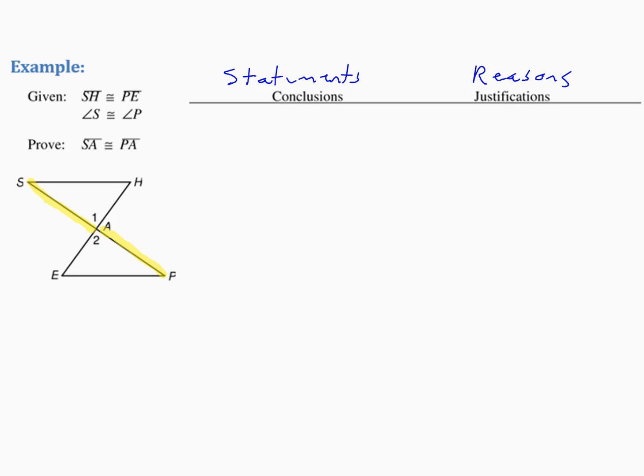To start this off, hopefully we can prove this top triangle is congruent to this bottom triangle, and if those 2 triangles are congruent, then we know that their corresponding parts are congruent. We'll start off with our given. We're going to write segment SH is congruent to segment PE, and at the same time we can write angle S is congruent to angle P. How do we know that's true?